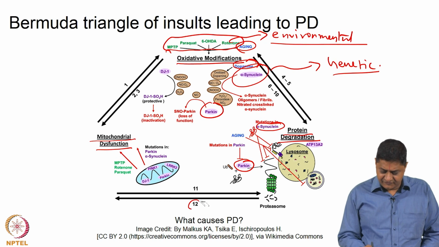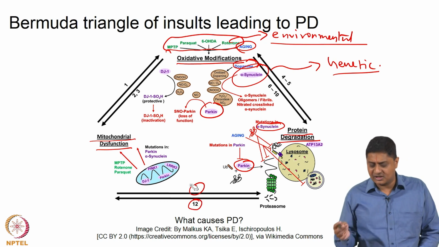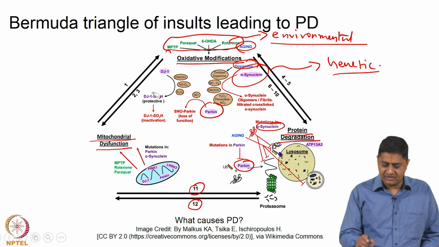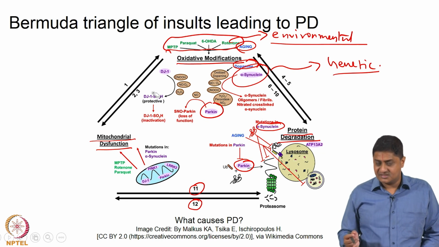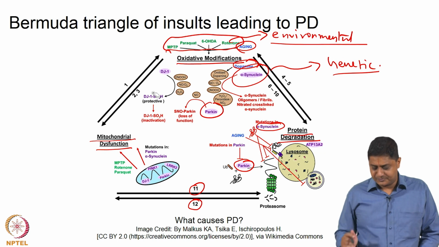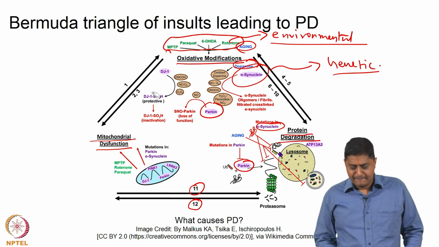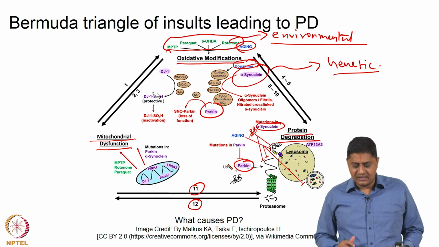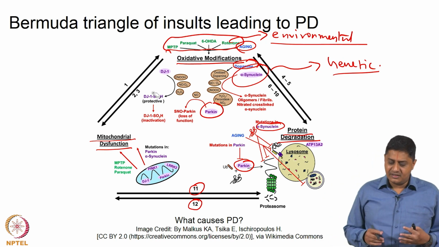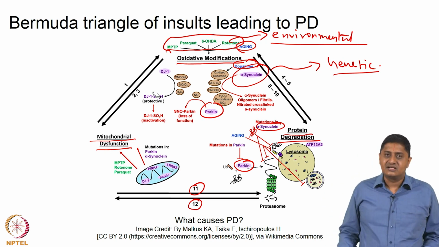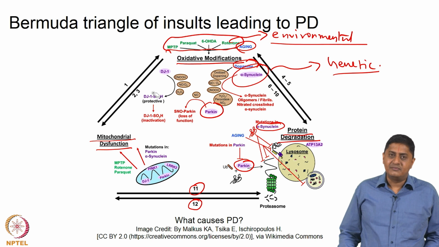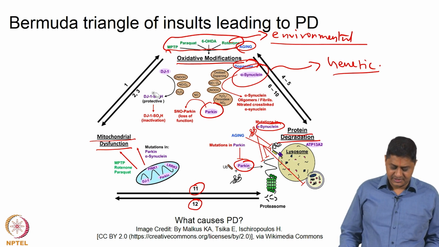Each of these, 1, 2, 3 to 12, refers to a specific phenomenon that has been relatively well understood. However, the interaction between these and the exact details are still remaining to be understood. So, there is still a lot of scope for improvement of our understanding of this particular disorder, right.